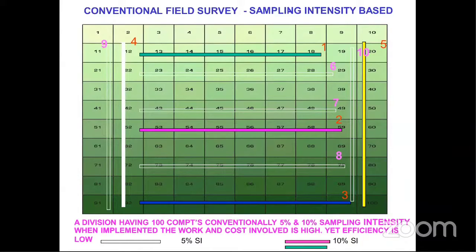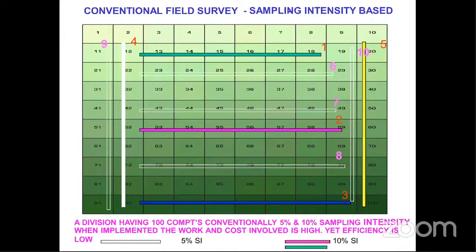To make a very reasonable, accurate estimation only by ground survey, we have to do the total survey, that is 100% sampling. If we do 100% sampling, there is no use of other technology, and it will be very costly and time consuming, and it is not necessary at all, because higher technologies are available.